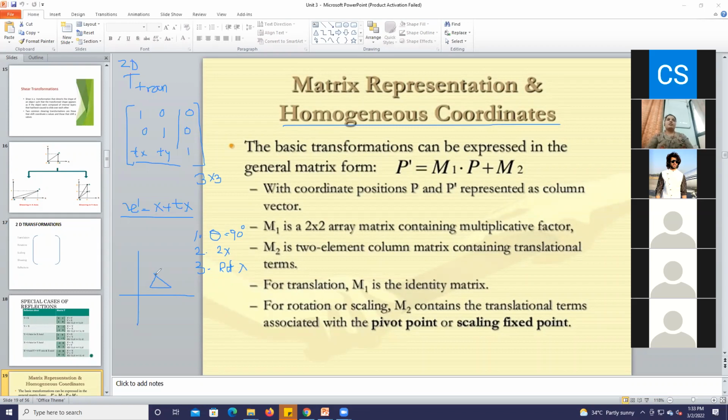Okay, so I have to carry out these 3 operations on the same triangle. See what my first step will be. This is your original triangle, 90 degree anti-clockwise rotation, so I will get this type of triangle over here. The side which was parallel to x, now because it is rotated by 90 degree, that side will be parallel to y. Okay, that is your rotation. Now on the result of rotation with 90 degree, I have to do 2 into that object. That means along x axis also I have to make it double, along y axis also I have to make it double.